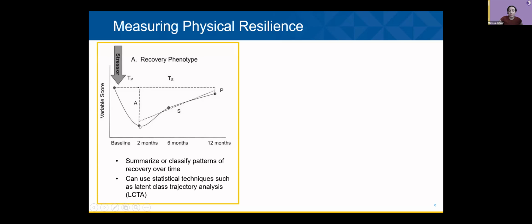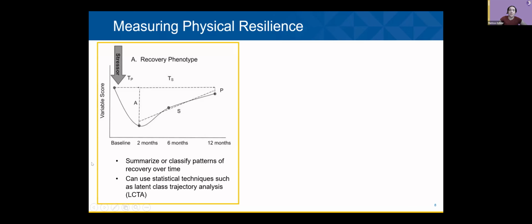Typically your health will drop to some low point, and then we want to measure your recovery over a certain amount of time. In this case, we're measuring the recovery over 12 months, and this person almost bounced back to where they were at baseline. The idea of the recovery phenotype is to summarize or classify patterns of recovery over time.